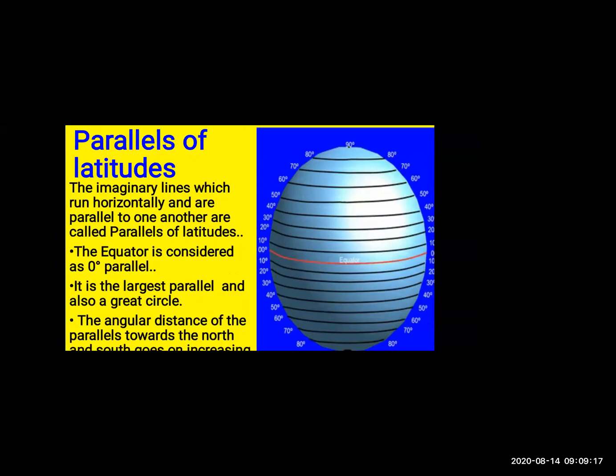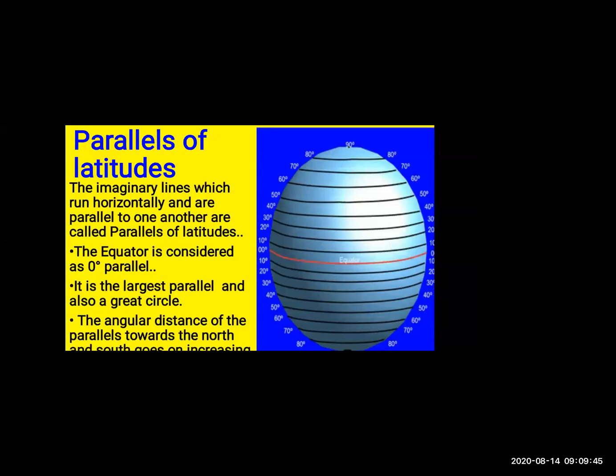The angular distance of the parallels toward the north and south poles goes on increasing away from the equator. That means from 0 to 90 degrees north and 0 to 90 degrees south, it starts from 0 degree, 10 degree, 20 degree, 30 degree up to 90 degree, so the angular distance increases.